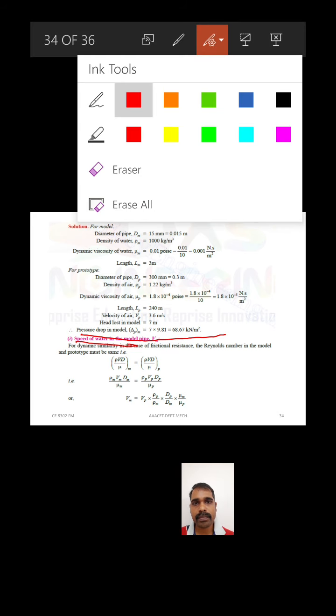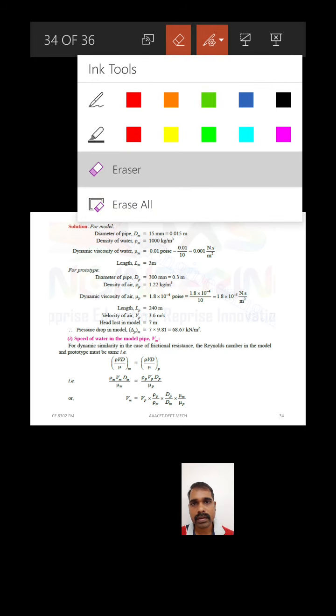So for the pressure drop, this line is more important, right?